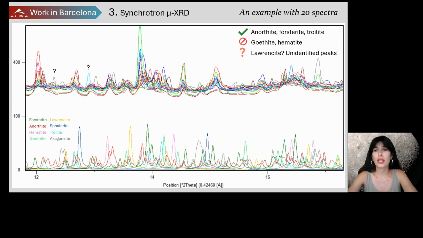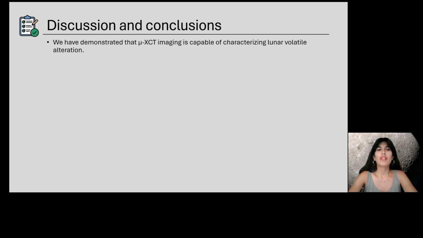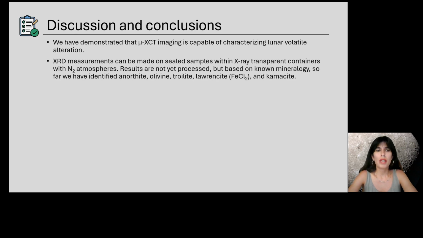So what can we say so far? So far, we have demonstrated that micro-XCT imaging is capable of characterizing lunar volatiles without alteration. We could see that the rust was penetrating the sample. We also have demonstrated that X-ray diffraction measurements can be made on sealed samples within X-ray transparent containers with nitrogen atmospheres.